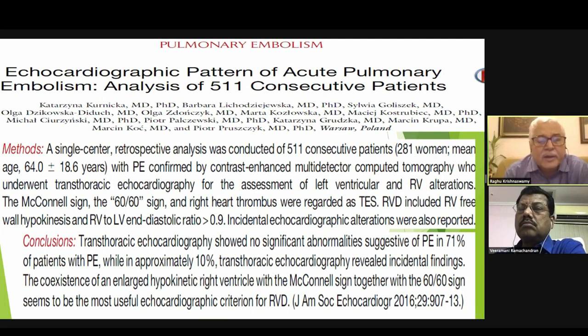They concluded that transthoracic echocardiography showed no significant abnormalities in 71% of the patients diagnosed with PE, while in approximately 10%, it also revealed incidental findings. The coexistence of an enlarged hypokinetic right ventricle with McConnell sign together with the 60-60 sign seems to be the most useful echocardiographic criteria.